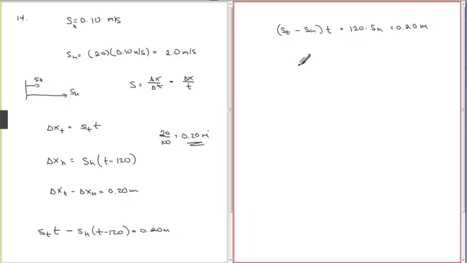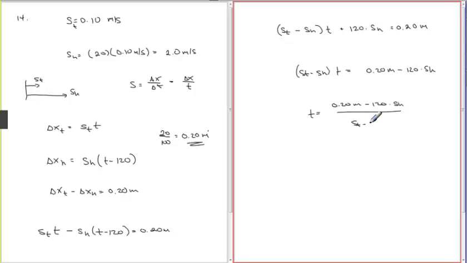We subtract 120 times s sub h from both sides, so we get 0.20 meters minus 120 times s sub h. And then we divide both sides by this term in parentheses, so we have 0.20 meters minus 120 times s sub h, divided by this quantity here, s sub t minus s sub h.